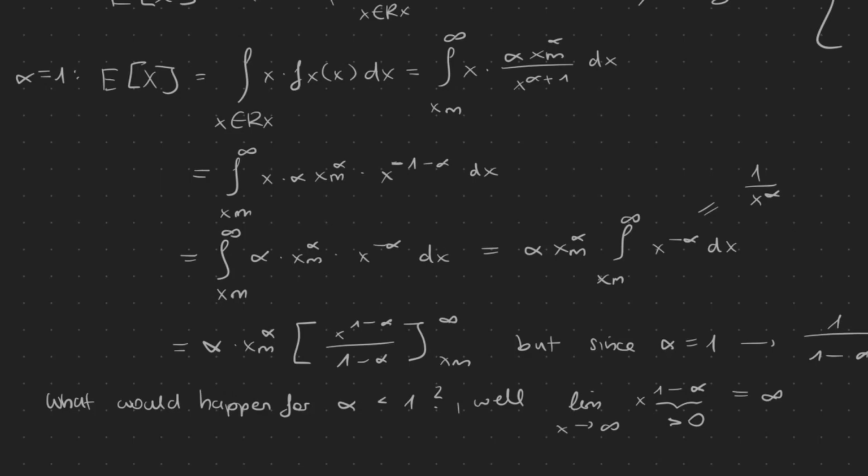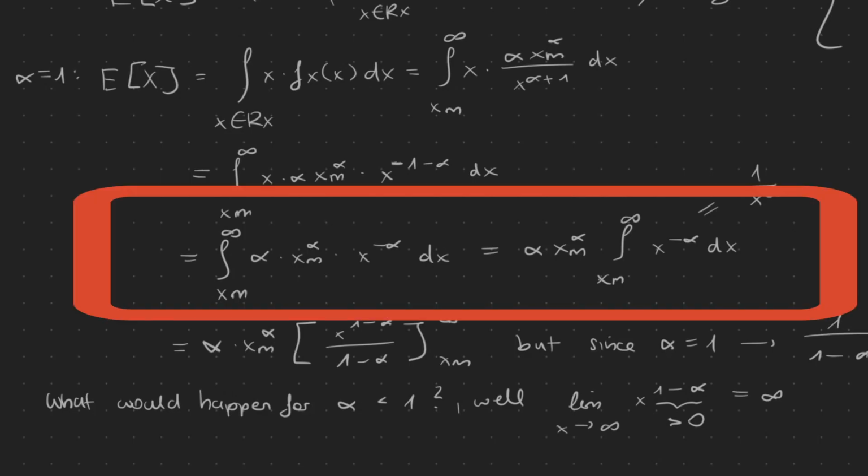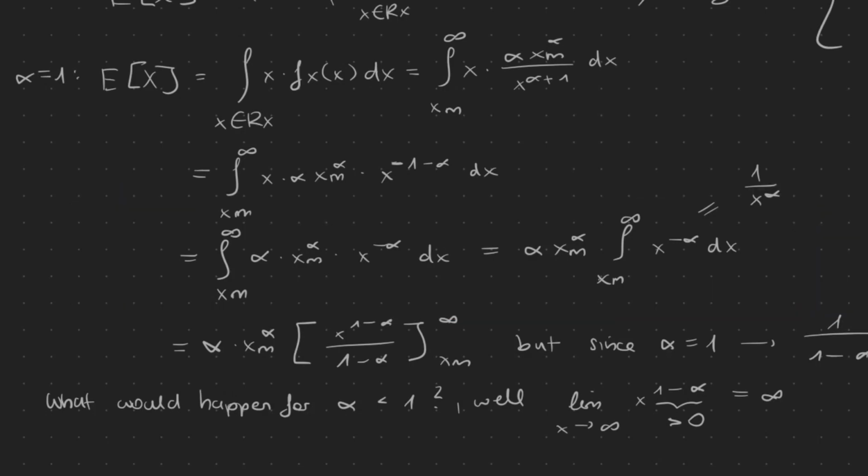And then on the third line, we simplified this integral a little bit, so we put alpha and x_m to the alpha in front of the integral, since this is a constant, times the integral from x_m to infinity over x to the power of minus alpha. Why x to the power of minus alpha? Well, because we have x times x to the power of minus 1 minus alpha, and when we multiply the x with the other x, the minus 1 in the exponent is gone.